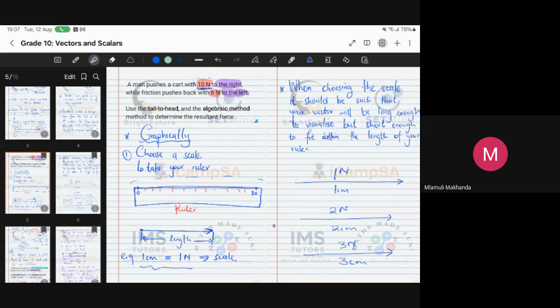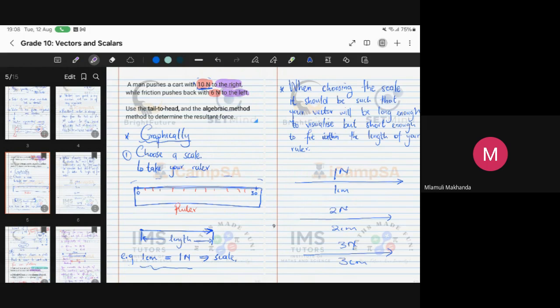Because for a problem like this, you would have a very small vector, only 2 centimeters, that's hard to see. So you choose it such that it's long enough for you to see and for whoever will be marking for you to see, and not too long such that it's longer than the ruler.